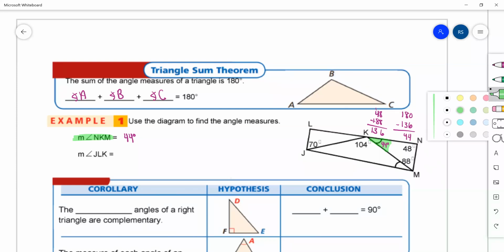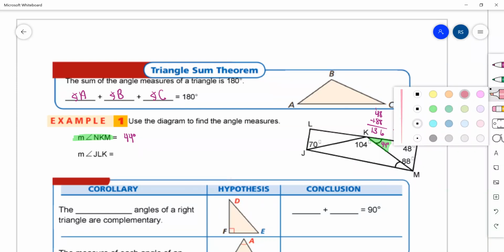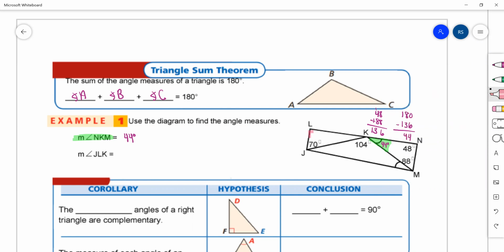Now, the other one they asked me to find is angle JLK. JLK, that's this angle. Since I only know one of my angles, I need to find this angle first, and then try to find my other.